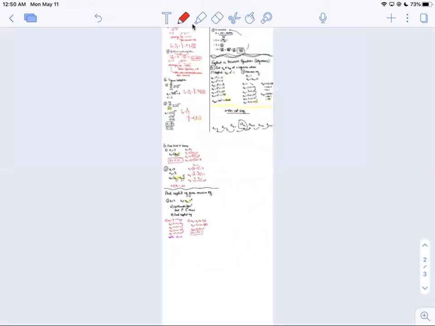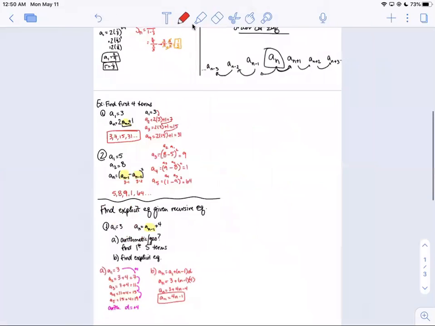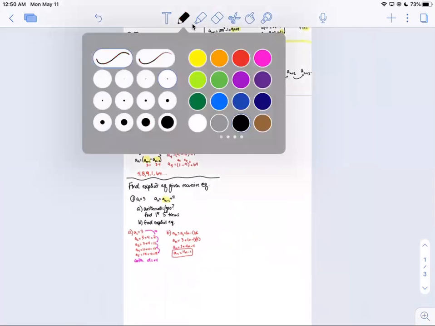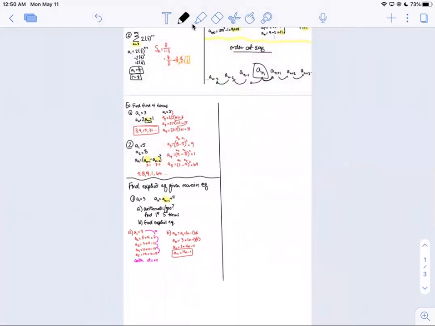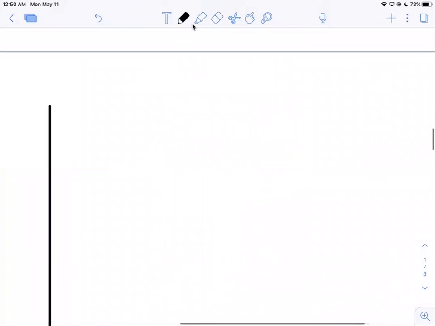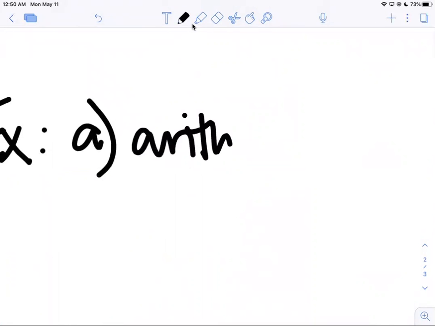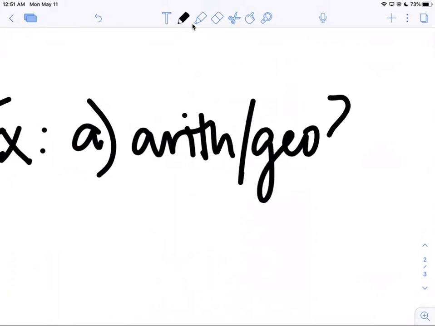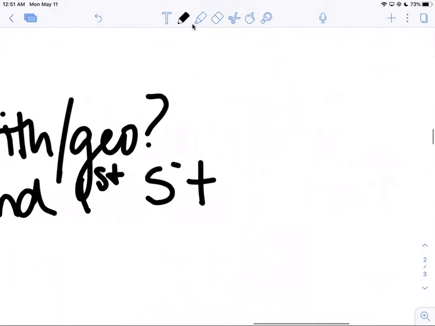Okay, let's do another one. I'm going to go back up to the top of the page now. This is the exact same direction, same find explicit formula, same part A, part B, etc. So we will say example, part A says arithmetic or geometric, find first 5 terms.